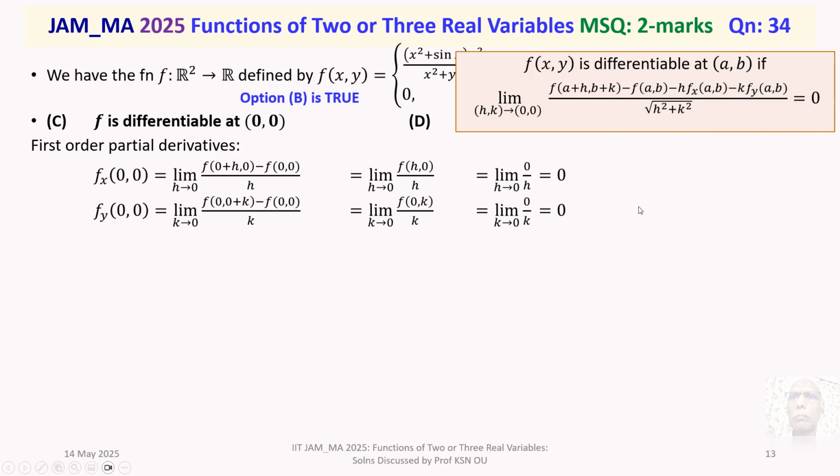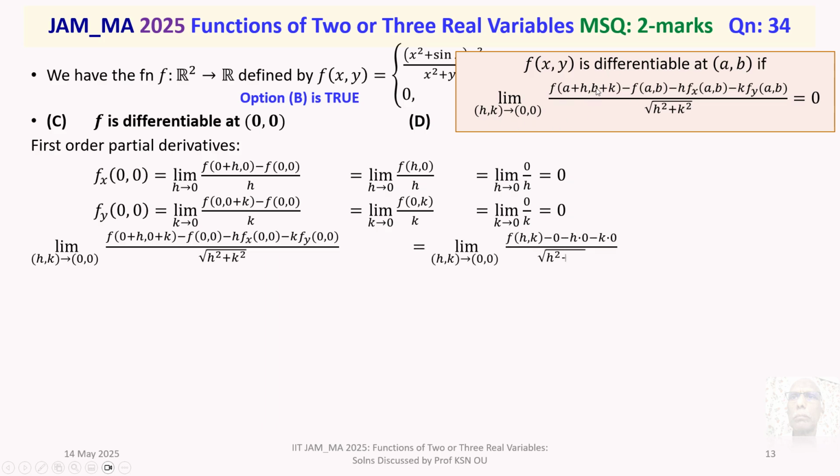Then it is differentiable at a comma b. Now take limit h comma k tends to 0 comma 0. Wherever there is a, substitute 0, and for b substitute 0. So f of 0 comma 0 is 0, fx at 0 comma 0 is 0, fy at 0 comma 0 is 0. So all these are 0.